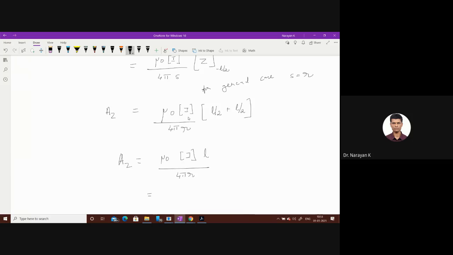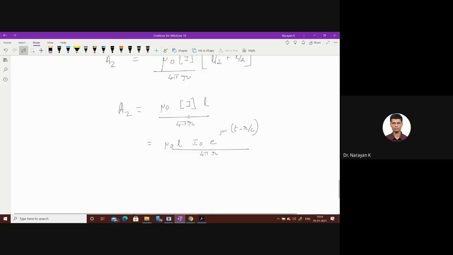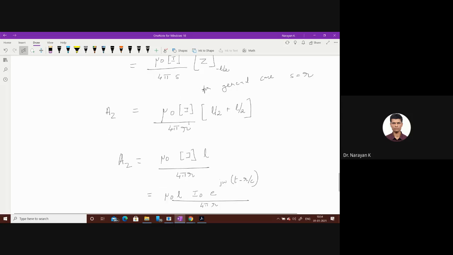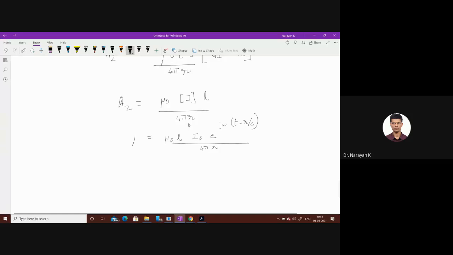So this can be rewritten as mu naught L I naught e raised to the power j omega t minus R by C divided by 4 pi R. Okay, call this as equation number 4. Clear up to here? Yes, sir.